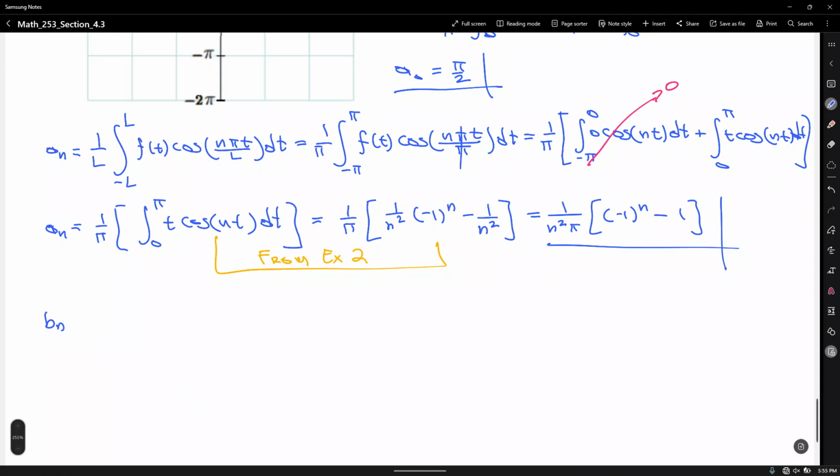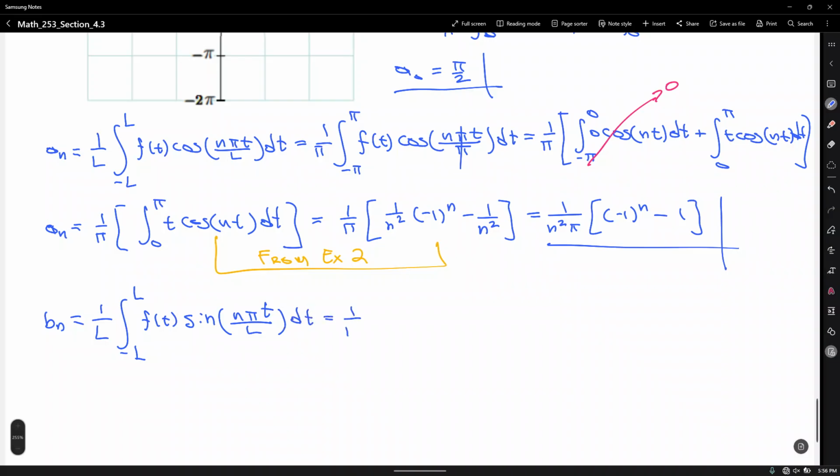Okay, so b sub n, which in this case equals, in general, 1 over L integral from negative L to L of the function f of t times sine of n pi t over L dt.